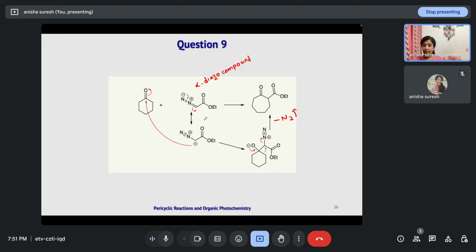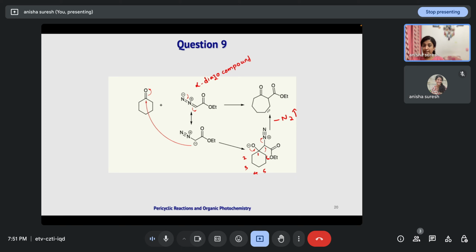So what is happening? We are having this alpha diazo compound. It will rearrange in this fashion, leading to formation of an anionic center here. This anion can attack the carbonyl compound, resulting in the formation of this intermediate. Now, once the ketone is forming back, this bond will be, if we are numbering it, 1, 2, 3, 4, 5, 6, this 1-6 bond will be breaking and a new bond will be formed between this carbon 6 and this center, and removal of nitrogen will be taking place.